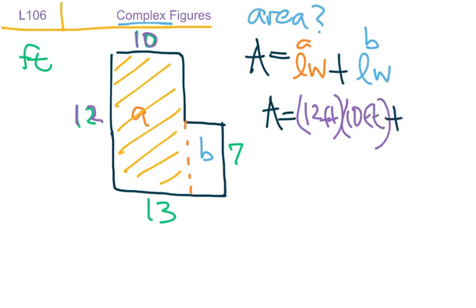Now, going to work on shape B is a little bit more challenging because I'm thinking about this, and clearly the 7's a part of it, but I would need to know what that is. Now, be very careful. Please don't think that that little portion is the 13, because it's not. So how can I figure out what that little portion is? Well, you got to do a little bit of thinking here. So if you think about this 10 on top here and this 13, so the 10 is that portion.